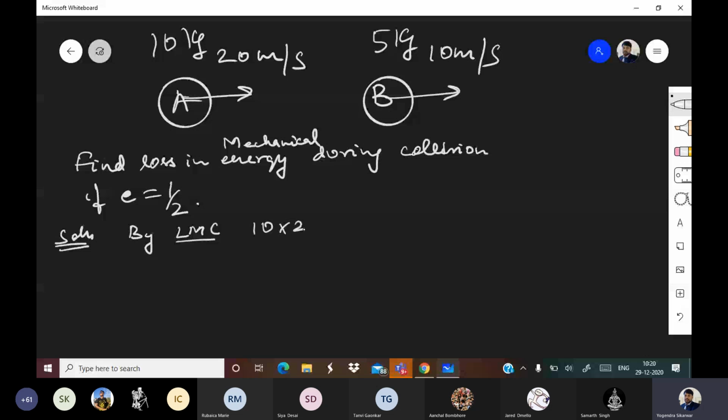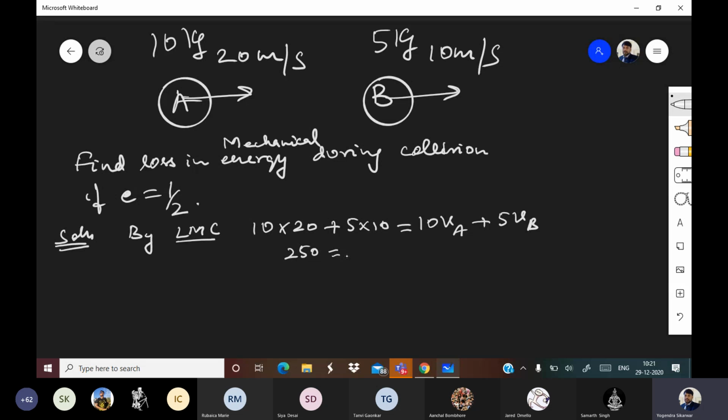So 10 into 20 plus 5 into 10 is equal to 10 VA plus 5 VB. Okay, this is by linear momentum conservation. So 10 into 20 will be 200 plus 50, 250.